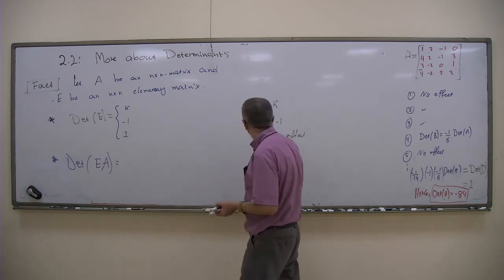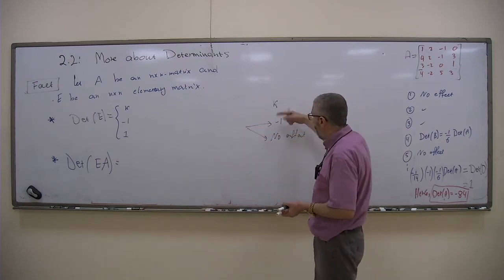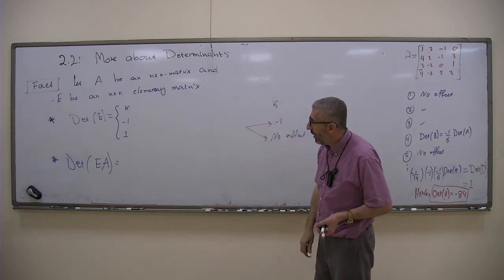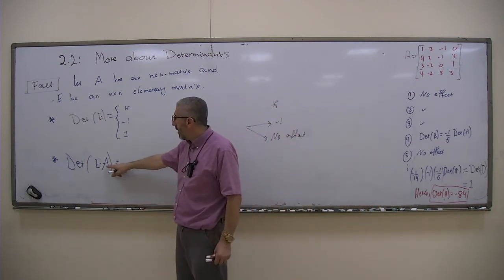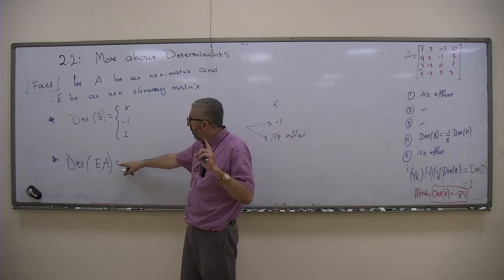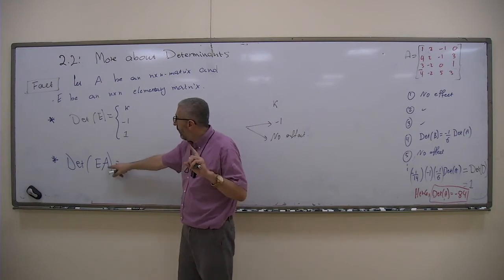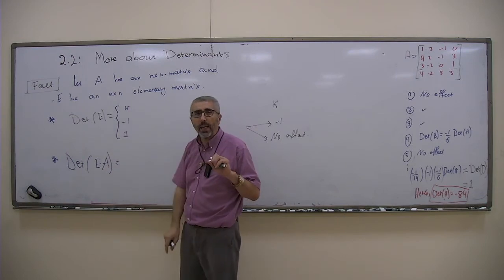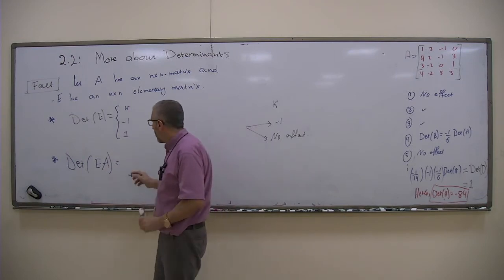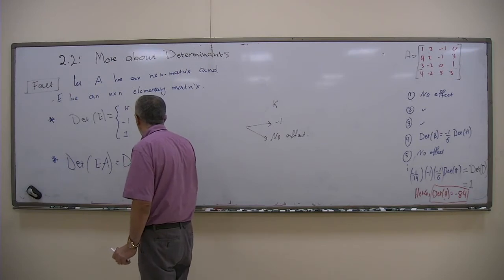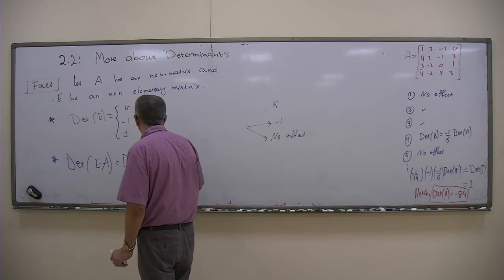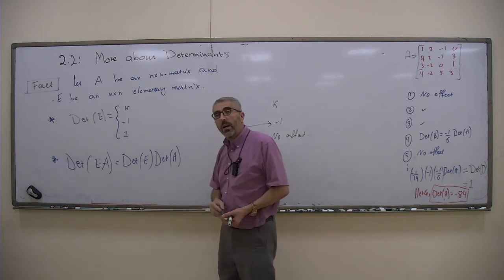And again, using the previous discussion, we can say here that is going to be the same as the determinant of A, or the determinant of A multiplied by -1, or the determinant of A multiplied by k. And in this case, that is the same as saying determinant of E multiplied by determinant of A. Correct?